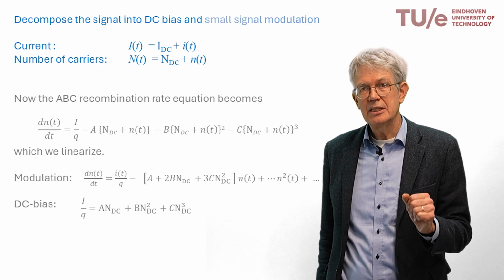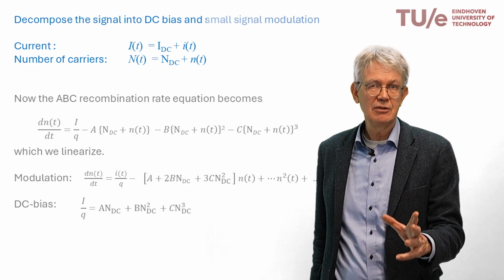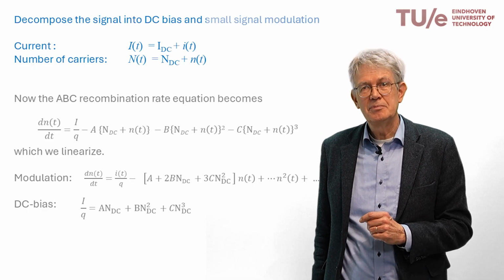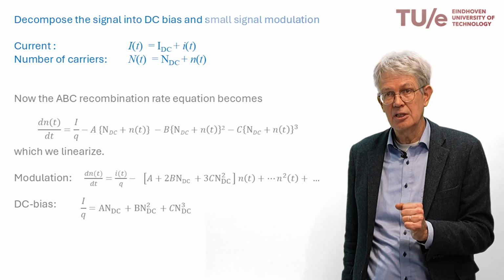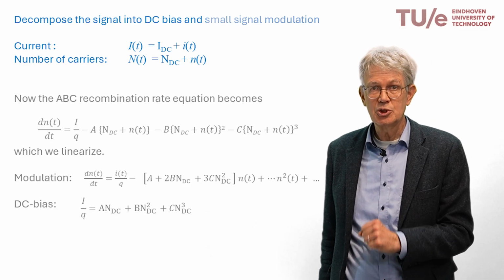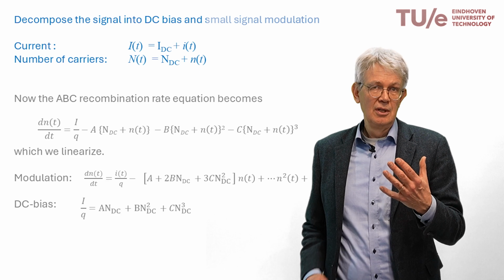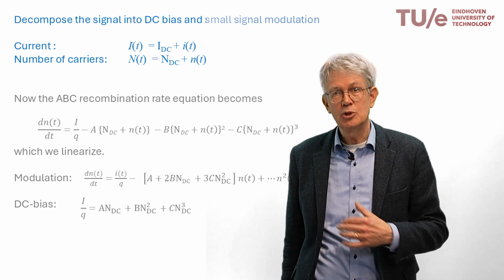And then we could say that small n is much smaller than capital N. So I only take the first order terms, looks like the first term in the Taylor expansion. And yes, there is a second order term. Yes, LEDs are nonlinear. There is distortion, but for the time being we assume that that is relatively small. So I can do that decomposition for the DC, and I can also do it for the modulation signal.